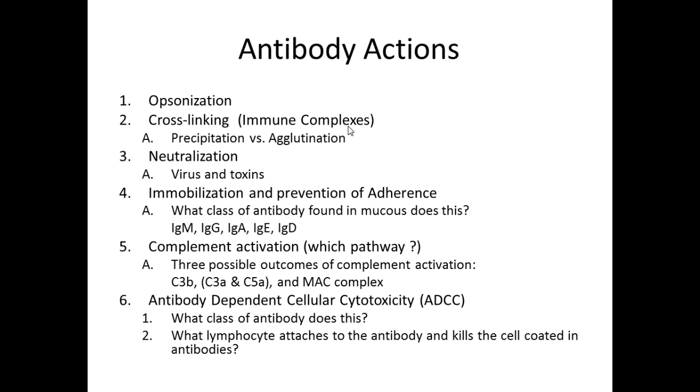In order to cause infection, most of them have to stick to us. So if our antibodies stick to them before they stick to us, it really helps prevent infection. There's one class of antibody that we secrete into our mucus and secretions that's really good at this action of immobilizing and preventing adherence, and that is IgA.